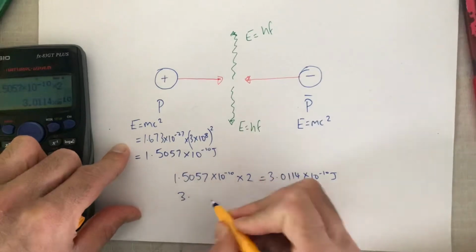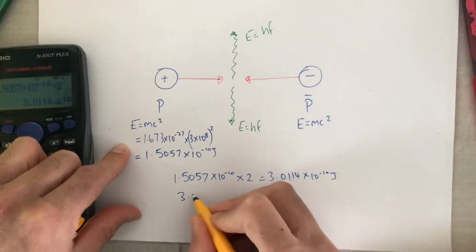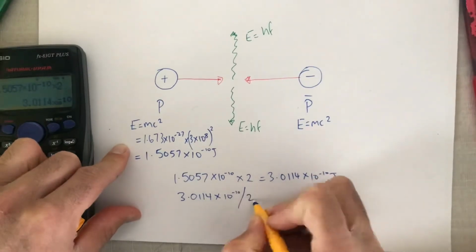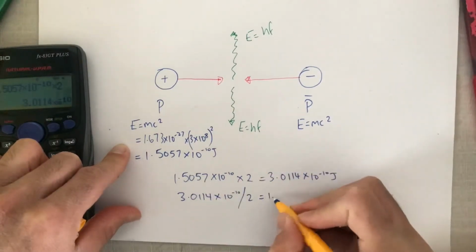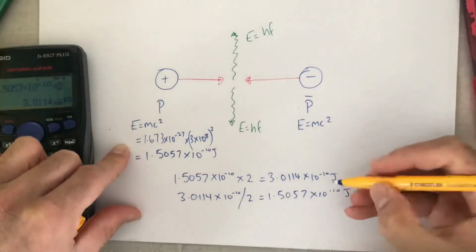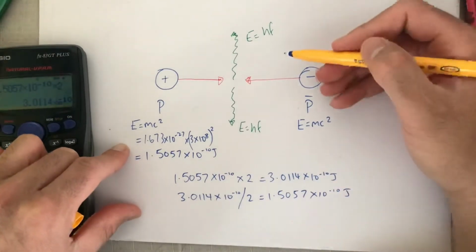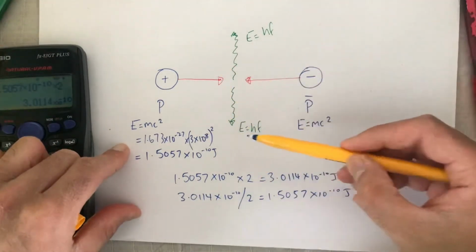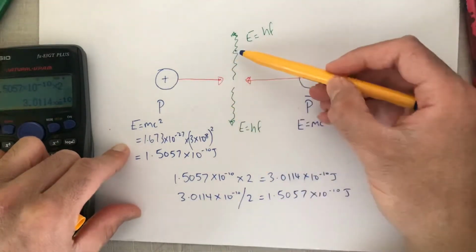So we're going to go back to square one. We're going to say 3.0114 times 10 to the minus 10 divided by 2. We end up with 1.5057 times 10 to the minus 10 joules. If you look at a simple example, you don't have to do times 2 and then divide by 2. You can just look at it and realise one will be responsible for one of them.